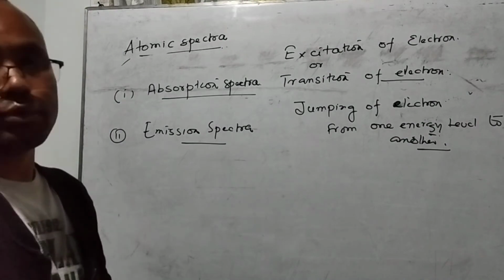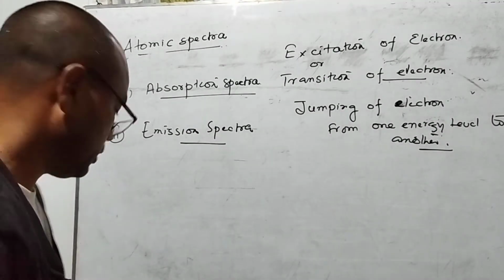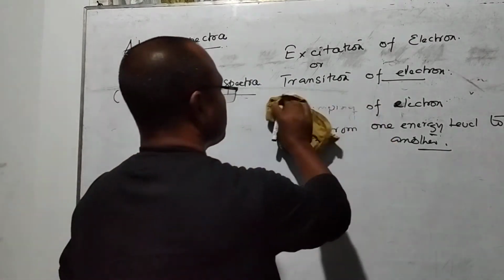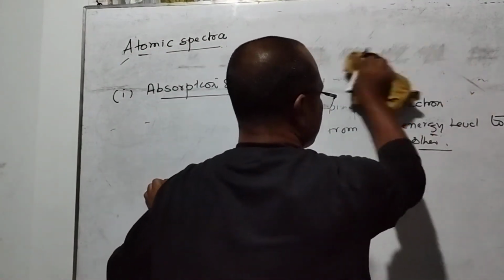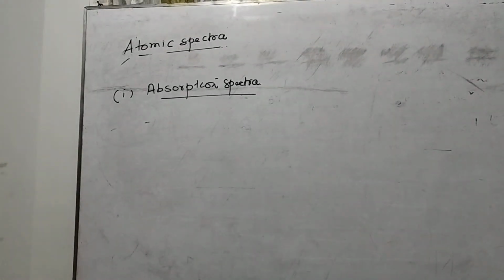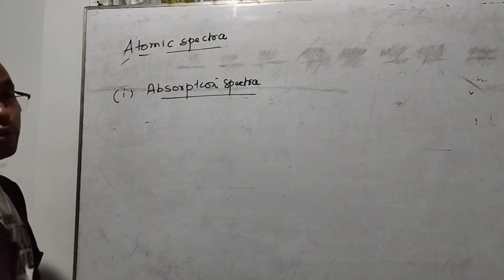So how are absorption spectra formed? Here I show you. Absorption spectra are formed by the excitation of the electron.